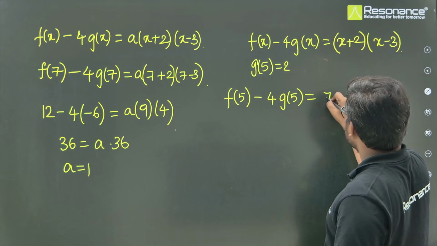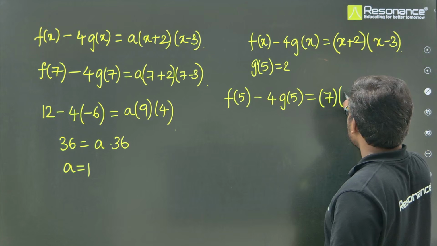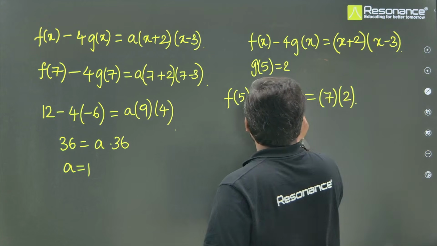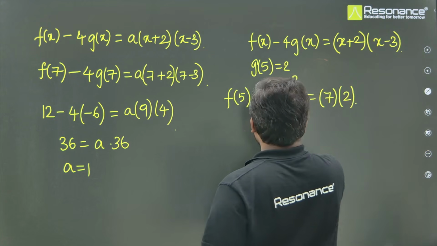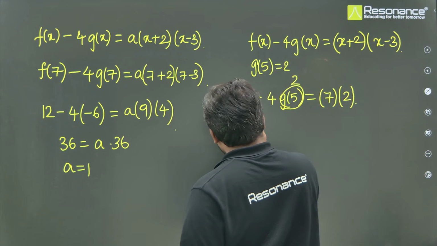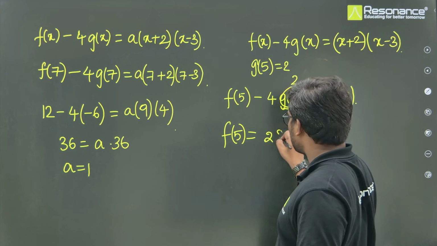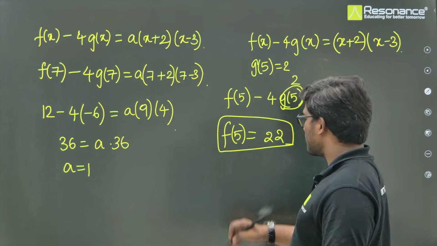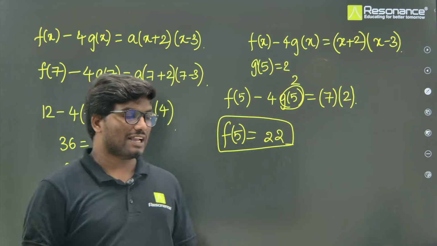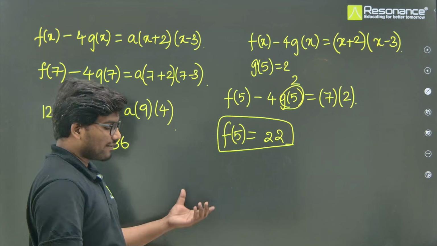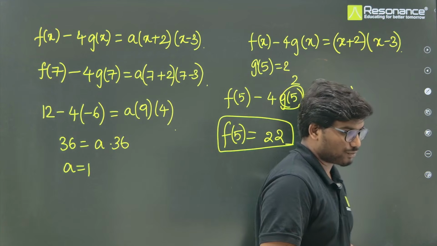So 5 plus 2 is 7, 5 minus 3 is 2. 4 g of 5 is 8, so f of 5 is 14 plus 8, which is 22. They asked us to find the value of f of 5, and we arrived at the conclusion that f of 5 is 22.